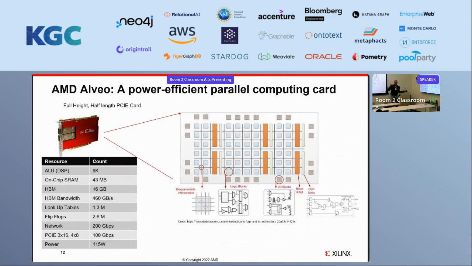The right side shows the building blocks of the FPGA. If you're not already familiar with FPGAs, I'll give a quick explanation. An FPGA has lots of ALUs, in this case around 10,000. Then it has the digital circuit building blocks: flip-flops and combinatorial logic built using lookup tables, which are essentially memory cells.